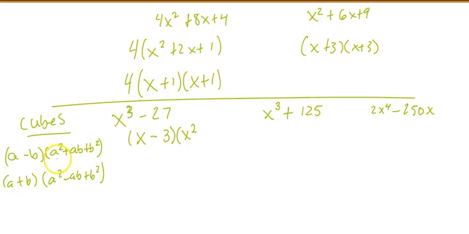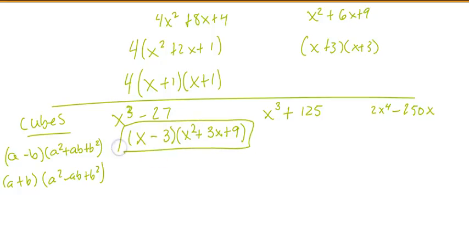So that's where that a squared comes in. Then I have negative 3. Well, I need to go from 3 to 27. So in order to do that, I have to multiply by 9, which just happens to be 3 squared. So 3 times 3 times 3 gives me 27. Now in the middle, I needed to cancel everything out, and the way we do that is with 3 times x.